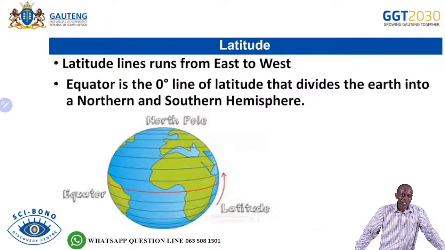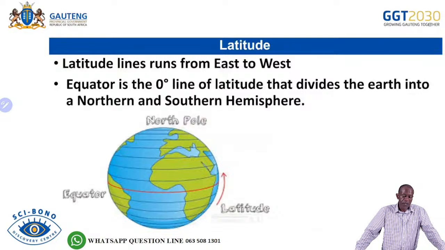Other lines of latitude that we have, parallel to the equator, you'd have in the south the Tropic of Capricorn, and in the north from the equator you'll have the Tropic of Cancer at 23½ degrees.